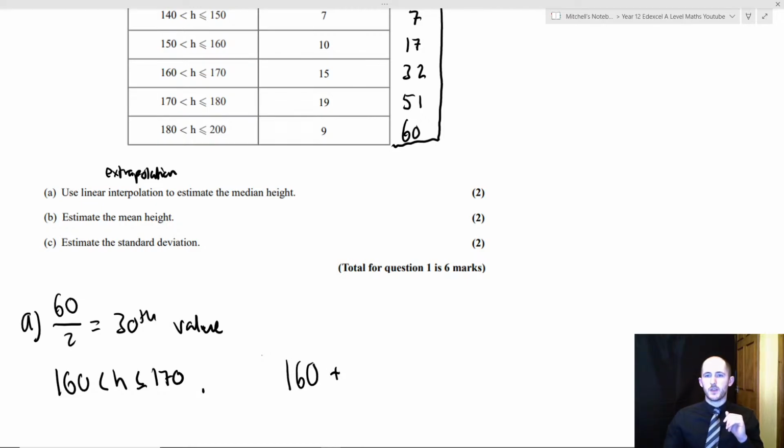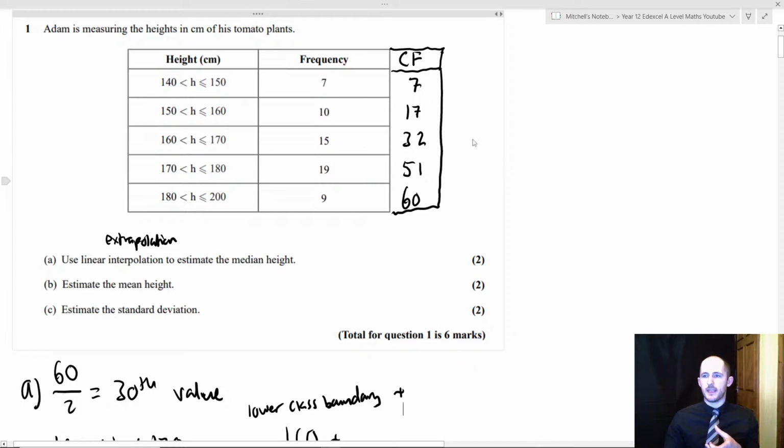Okay. So all you do is you write the lower class boundary. So I'm going to basically write out a formula for you. Then what you need to do is add on the extra stuff that we have.